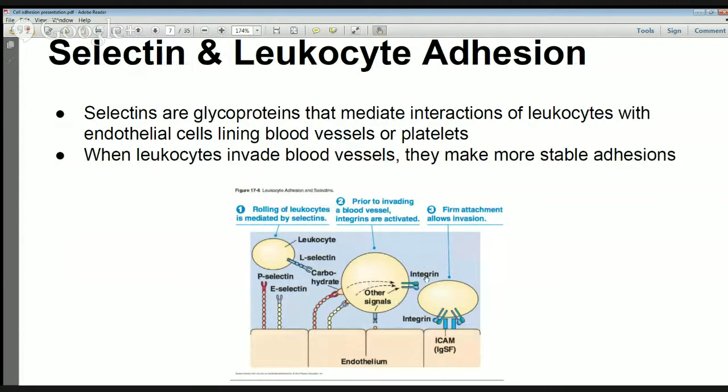Then the integrin attaches to the leukocyte, which tells it to stop rolling, and it forms a firm attachment and allows invasion.